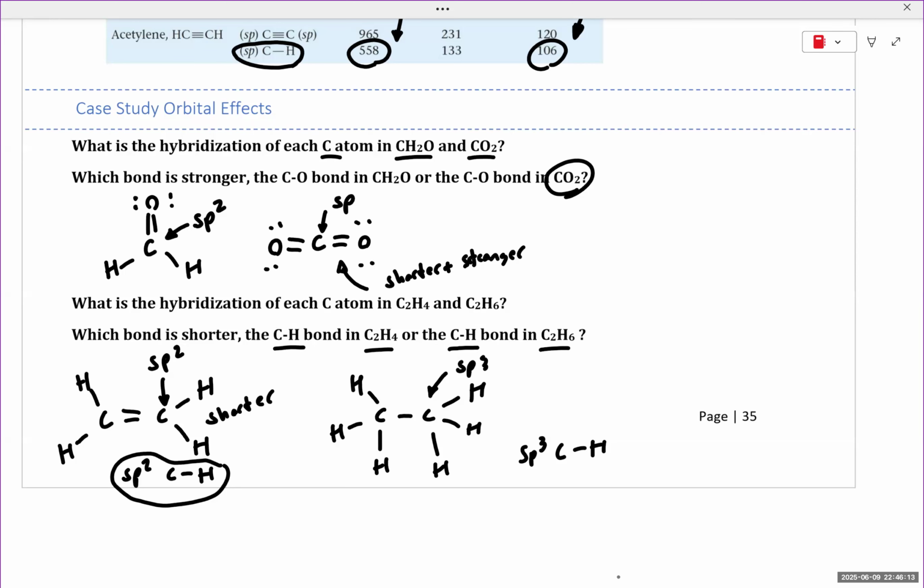We've talked about constitutional isomers and stereoisomers, and we've begun to look at how a molecule's given arrangement of atoms, be it the hybridization of the atoms and the exact connectivity of atoms in a structure, influences bond length, bond strength, and other factors relating to chemical reactivity. This concludes our discussion of Chapter 1, and we'll be moving on to future chapters as part of the next lecture series.